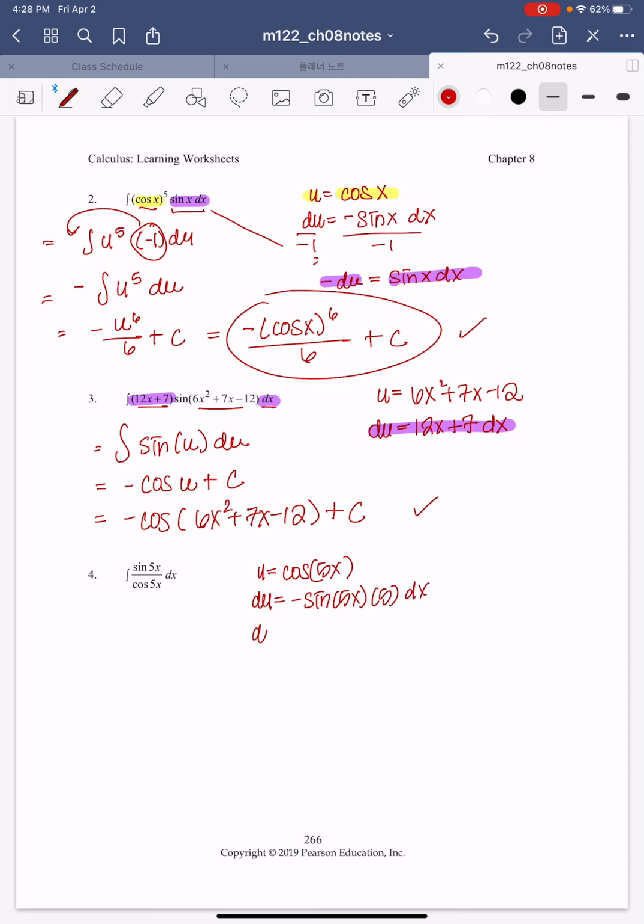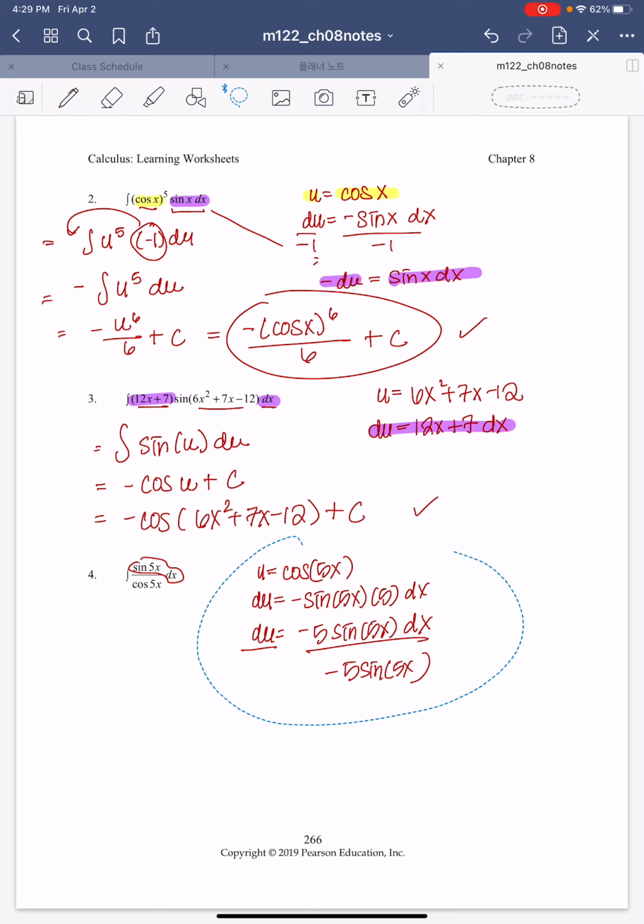So I have du as negative 5 sine 5x dx. And we are going to see that sine 5x dx is kind of hidden here. So we solve for dx, and I'm going to divide by negative 5 sine 5x.